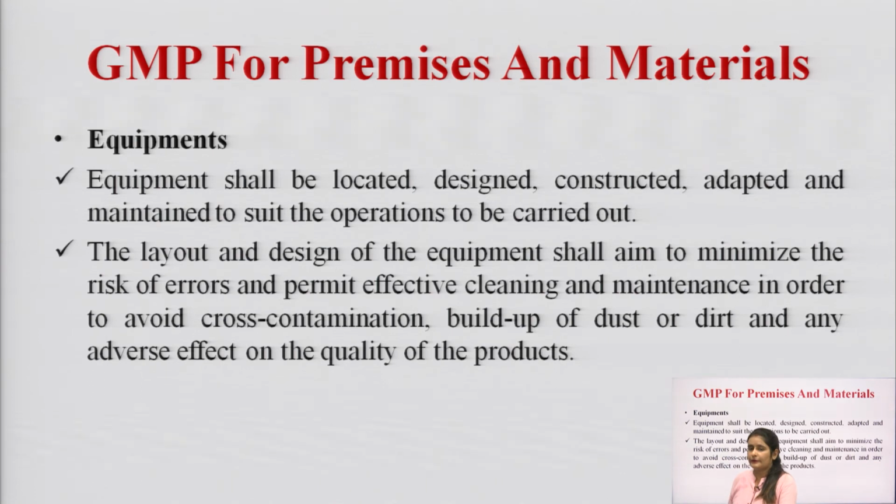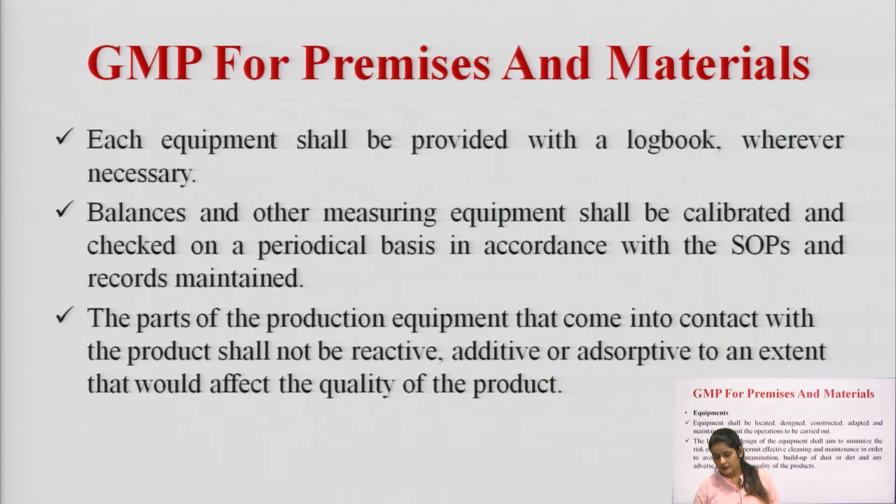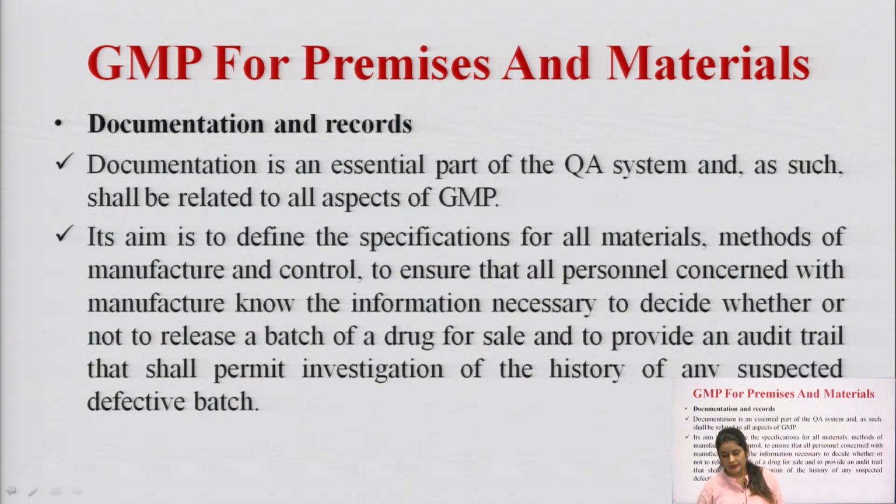The equipment should be located and constructed in such a manner that it minimizes the risk of errors and avoids cross contamination. The equipment should also be placed with a proper distance between two running equipments to avoid cross contamination. So, this is the requirement of good manufacturing practices.